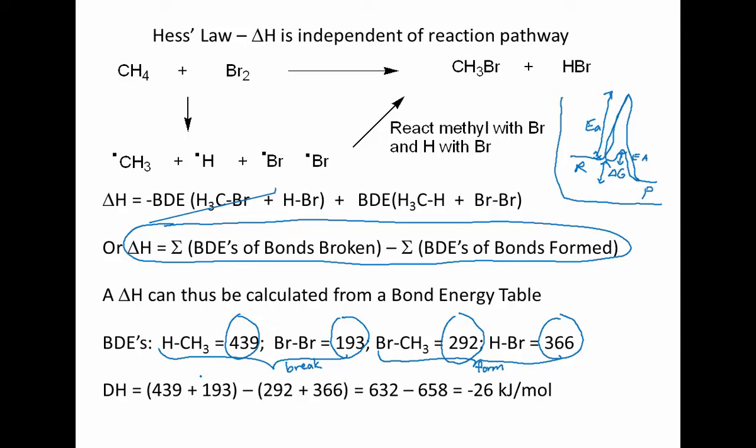So if we look at what we break, here's what we break. This is what we form. We work the math equation, and we get negative 26 kilojoules per mole as delta H for bromination of methane.